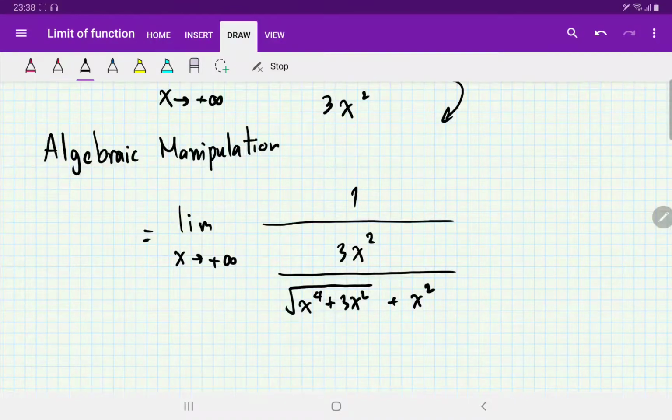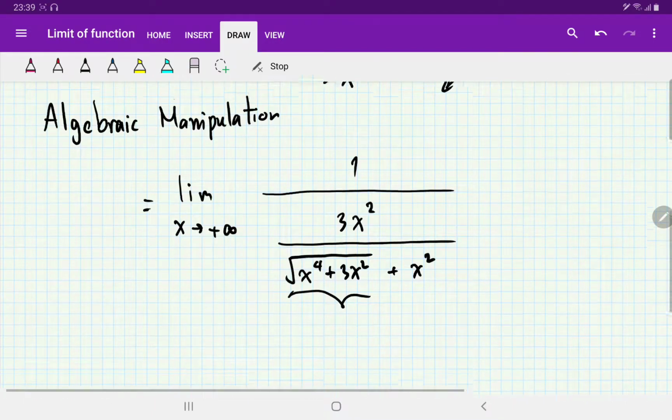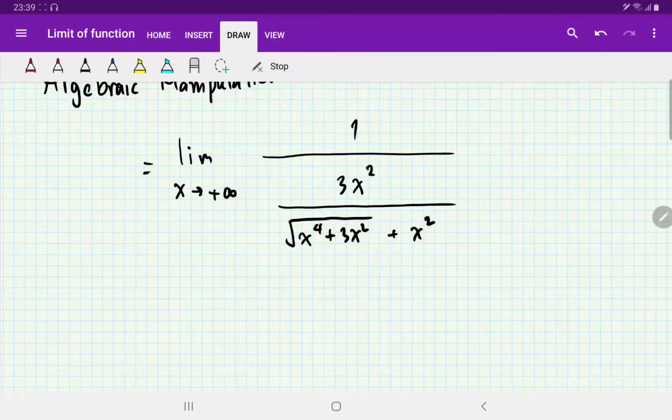We can look at the first term of the denominator. If I keep x power 2, or x squared, outside of the square root, it's better for us. Okay, this is our target.